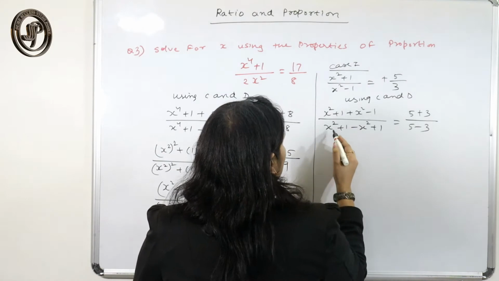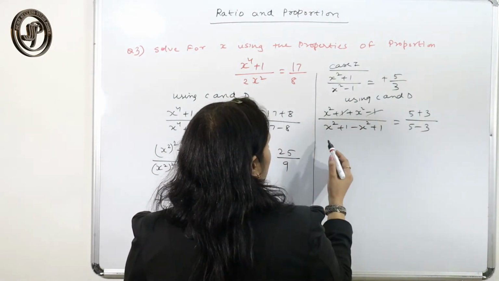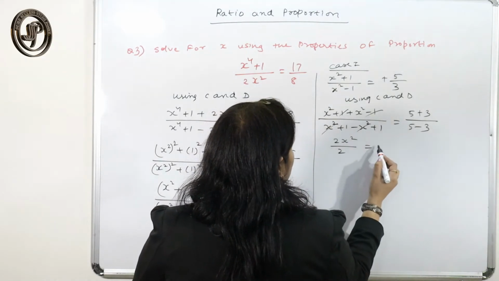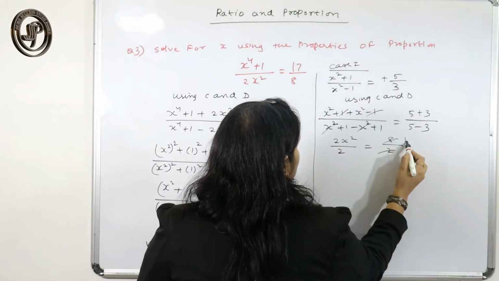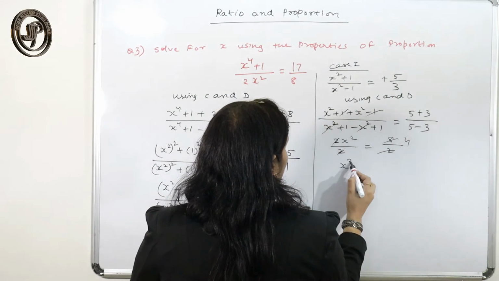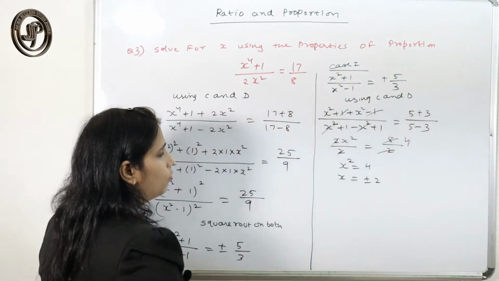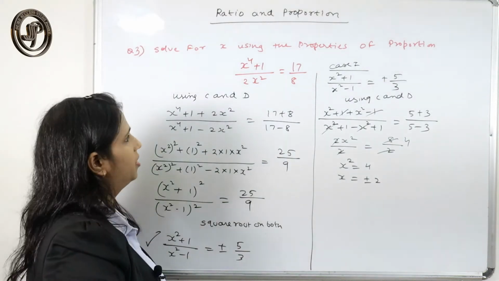So here this will cancel out, this will cancel out, 2x square upon 2 is equal to 8 upon 2, which is equal to 4. So x square is equal to 4, x is again plus minus 2. Don't forget to put plus minus here.